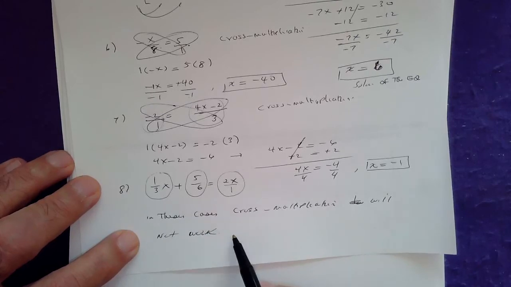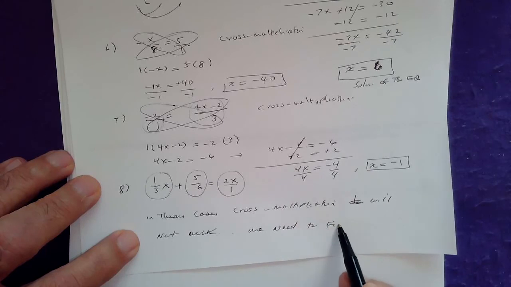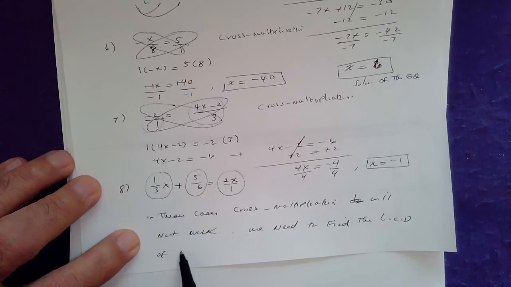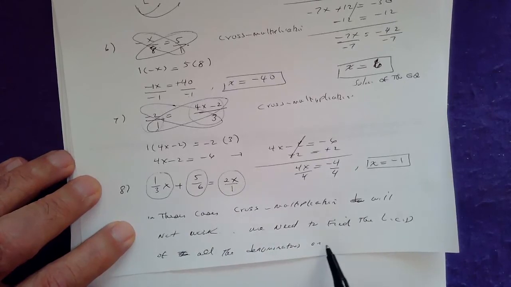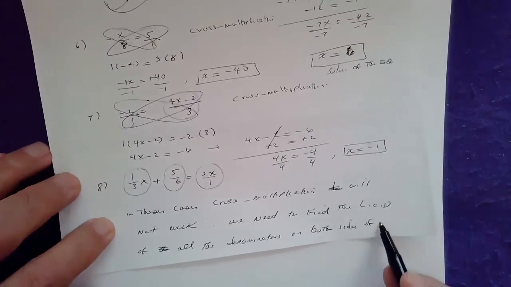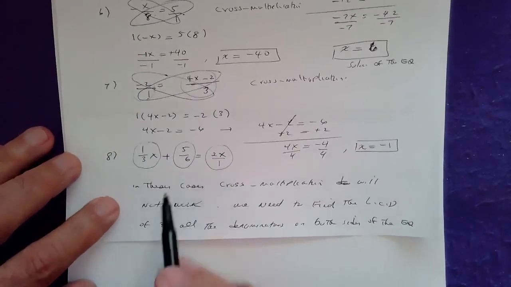So what do we have to do? We need to find the LCD of all the denominators on both sides of the equation. Yes, so we need to find the LCD.